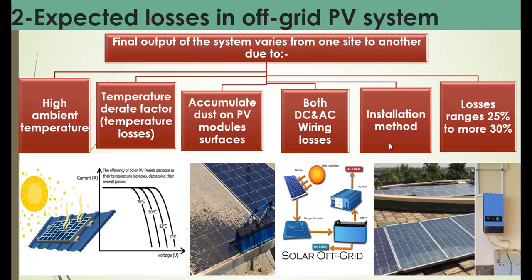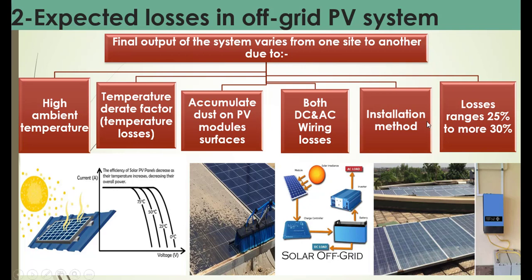Also another source of losses is how we will install the systems, either on a roof or on the ground. If the roof is inclined or flat, this also affects and decreases the energy, caused by incorrect tilt angle or incorrect orientation of the photovoltaic modules.